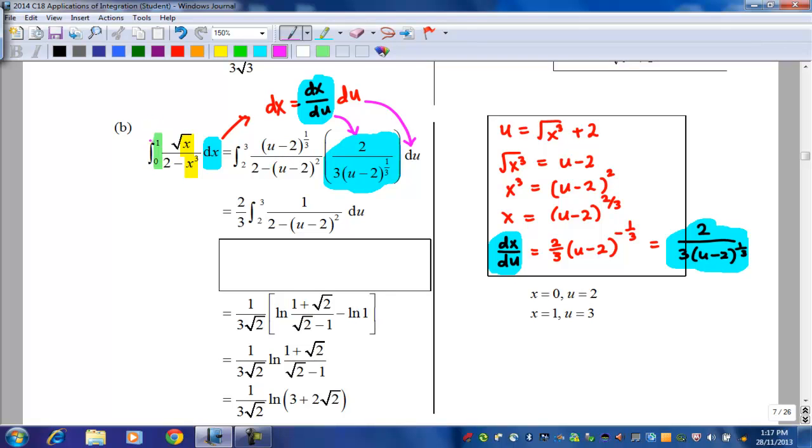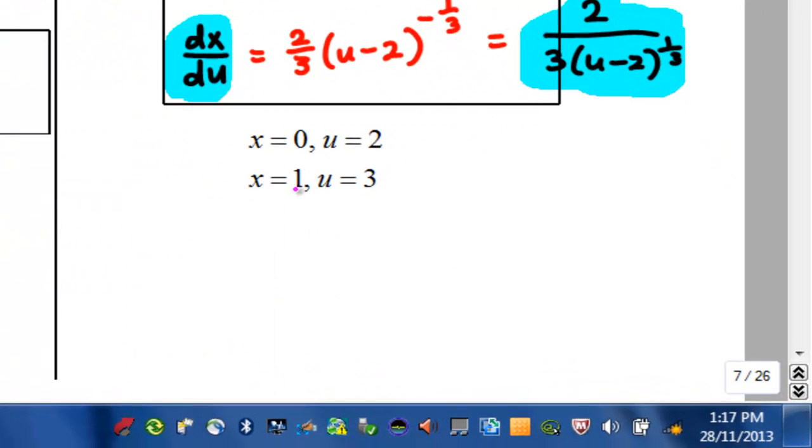And the limit, how do I change the limit? Correspondingly. So when x is 0, what is our u? When x is 0, if we do a simple calculation, u is equivalent to root 0 cubed plus 2, which is 2.